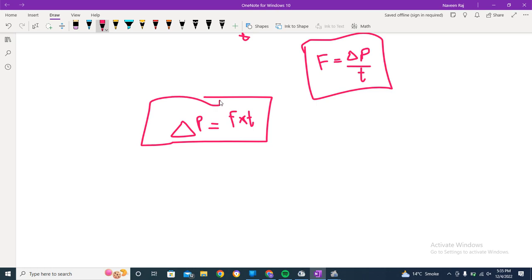Now we've got a new definition. I hope you've understood that force is equal to change in momentum per unit time.